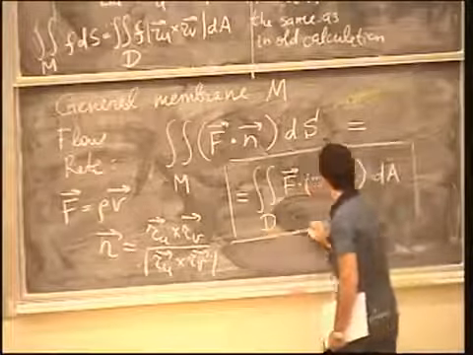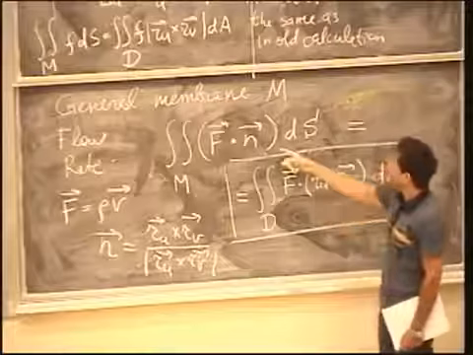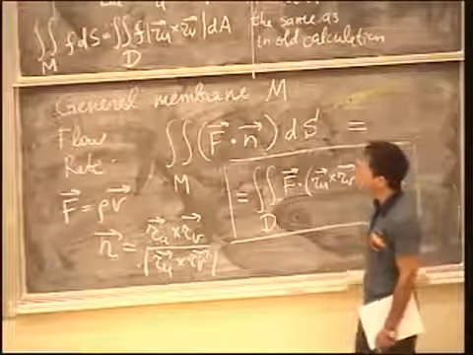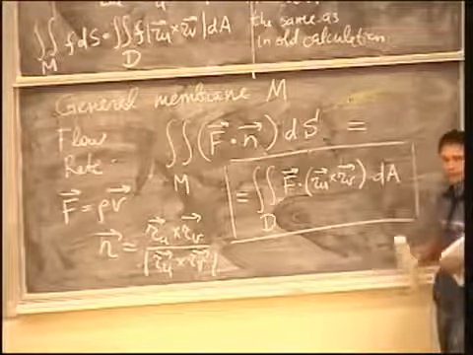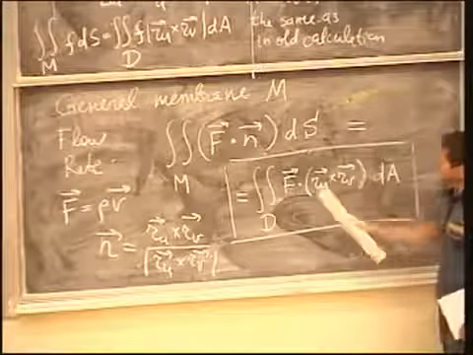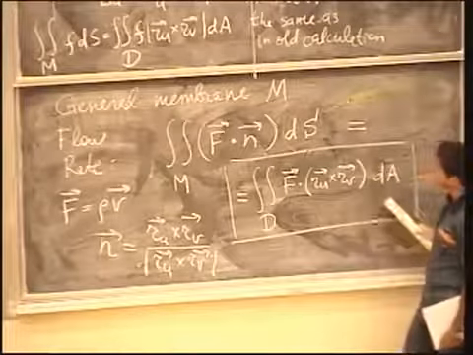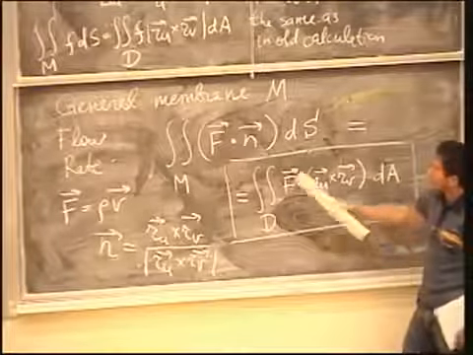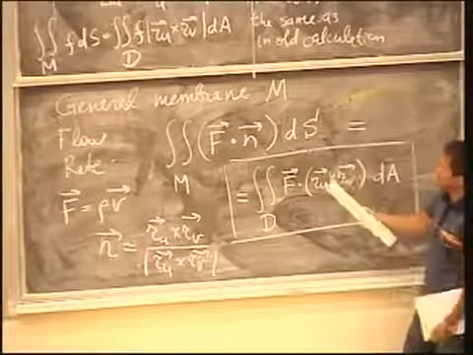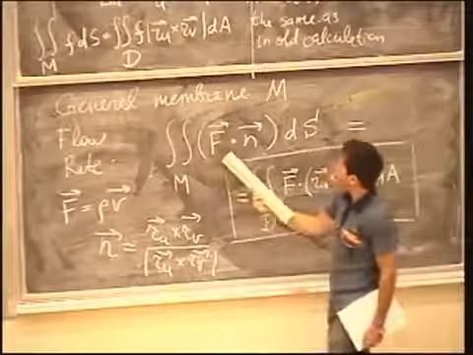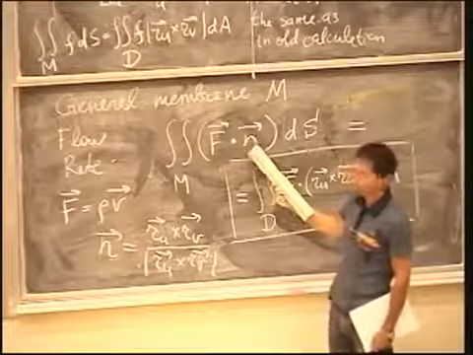And finally, we have come up with a definition of the integral of a vector field across a membrane, across a two-dimensional surface. If the surface is parameterized by a flat domain D, this integral is simply given by this formula, by this double integral over D. Okay? What it is, in a more canonical way, is an integral over M with respect to the measure of the surface area of this function f dot n.